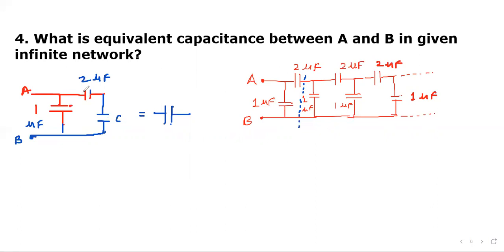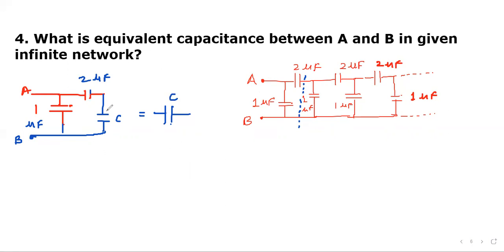So here we have removed this portion, this is infinite, and only this portion is retained, and we have assumed that the right portion has capacitance C, and when we add this portion that we have retained to the equivalent capacitance, still we get C. This is just assumption, and on the basis of this assumption we can solve this question.